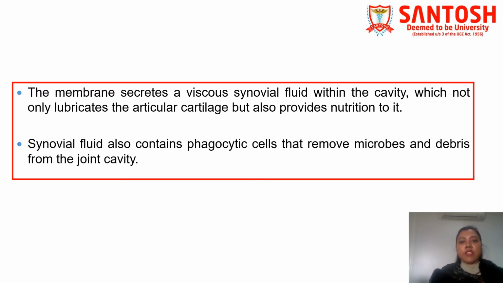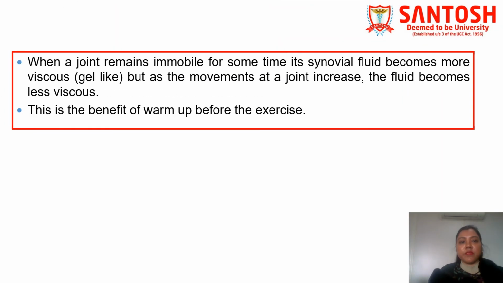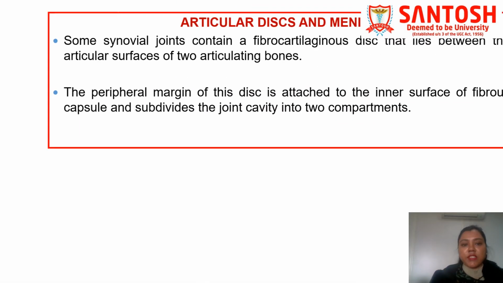It has phagocytic cells that remove microbes and debris from the joint cavity. When the joints remain immobile for some time, the synovial fluid becomes more viscous, and as the movement of the joint increases, the fluid becomes less viscous. So we need a warm up before exercise.